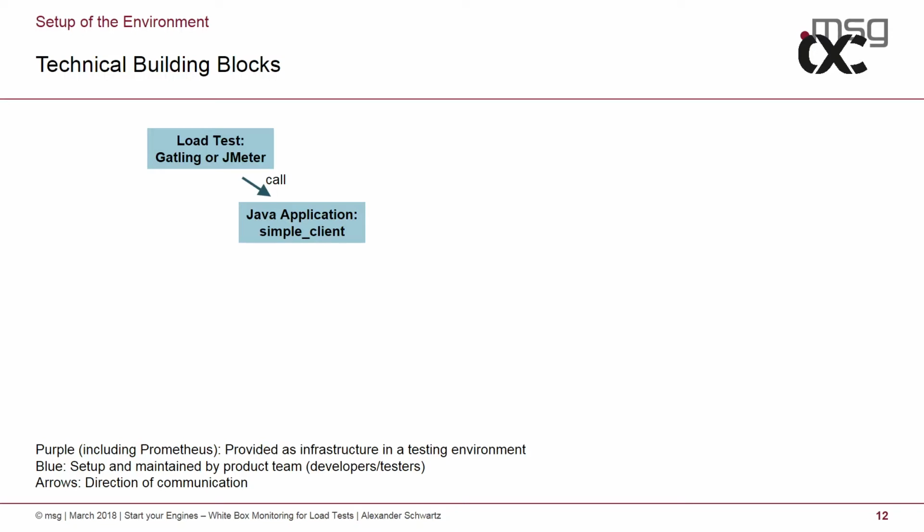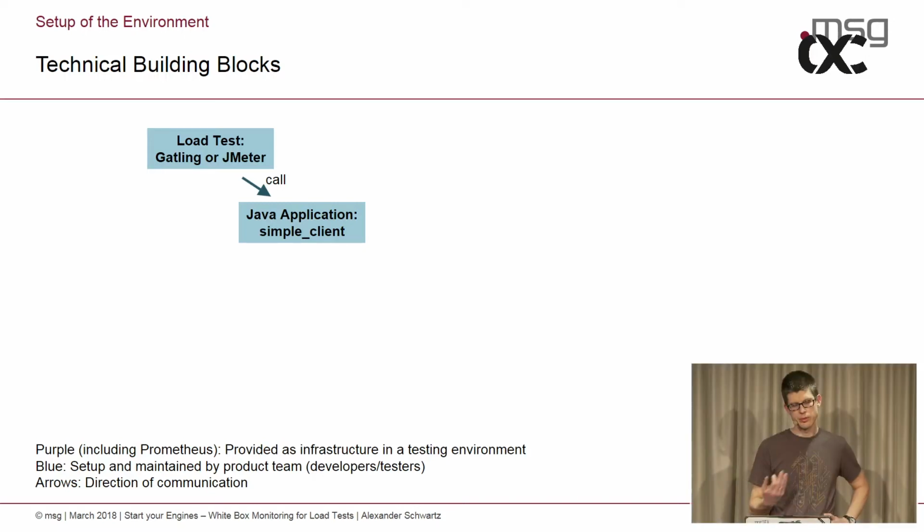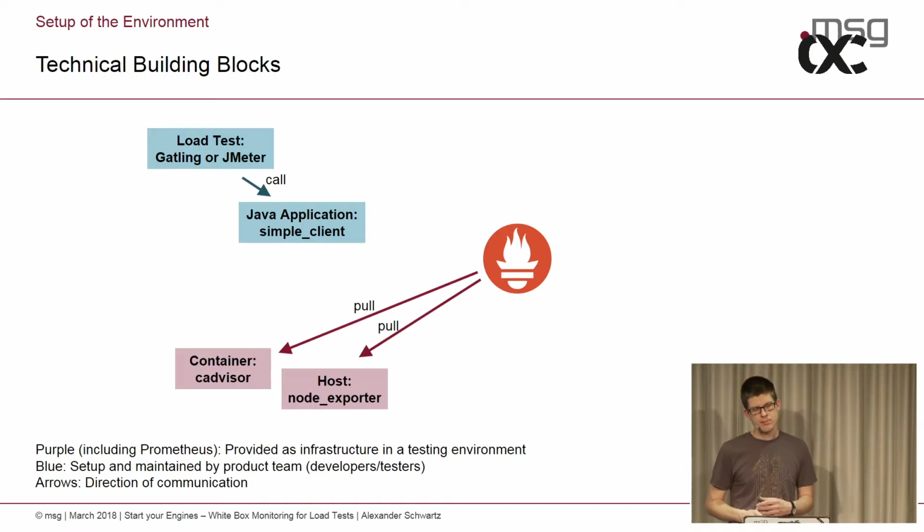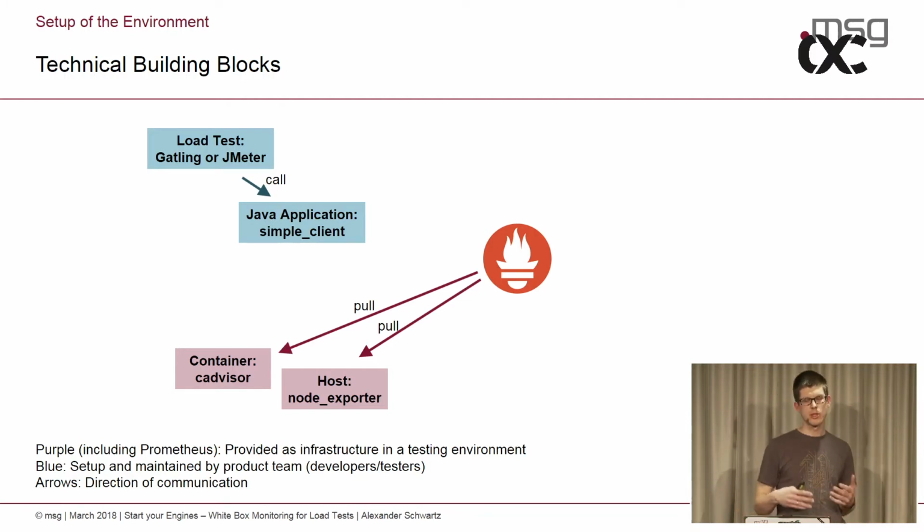And you have your load test. I usually do them either with Gatling or JMeter, and you deploy both to your test environment. And the load test calls the Java application. And then you set up Prometheus. Prometheus wants to pull some information about the containers you deploy and about the hosts you deploy, how much RAM they have, how much CPU usage.